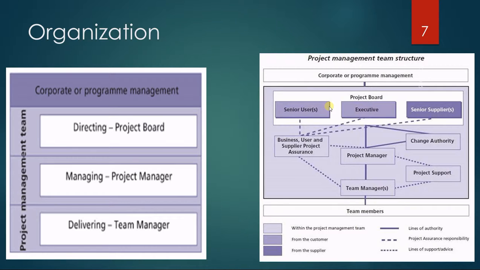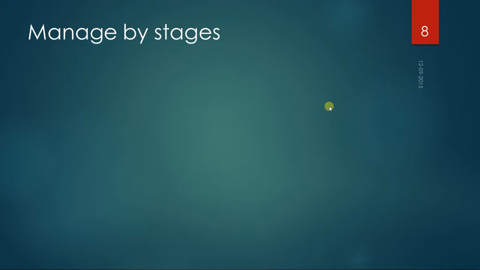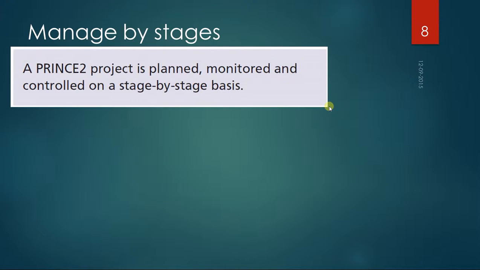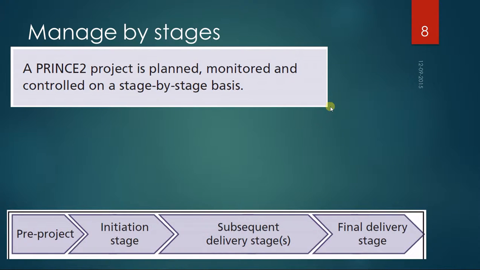I will move on to the next theme, and that's managed by stages. It's very simple. I think most of you have seen it before, but you have here a stage gate model.